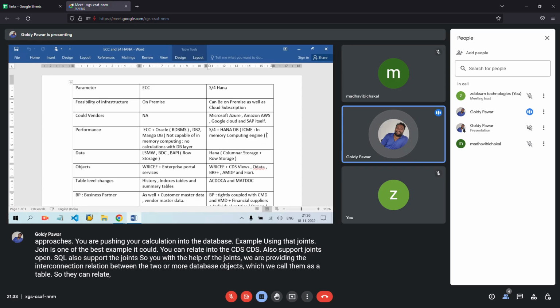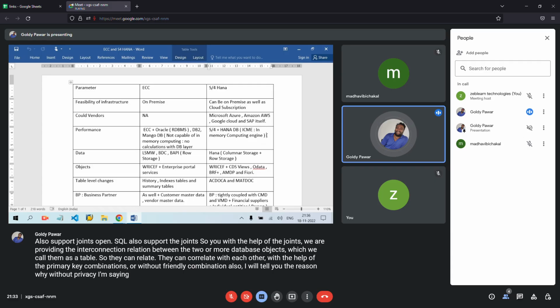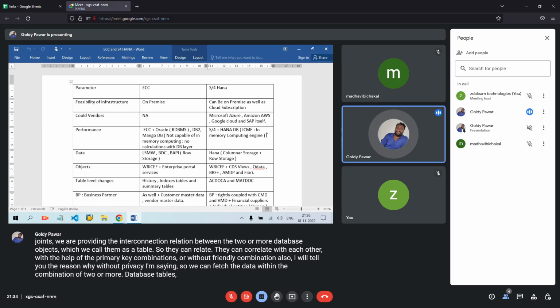They can correlate with each other with the help of primary key combinations or without primary key combinations also. I will tell you the reason why I'm saying without primary key. So we can fetch the data from a combination of two or more database tables, and the entire calculation would take place in the database layer.